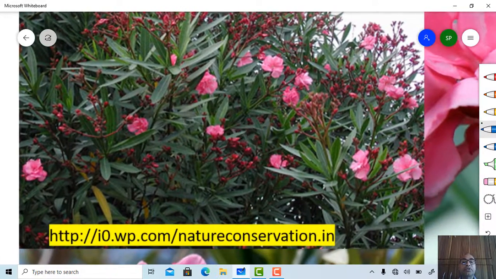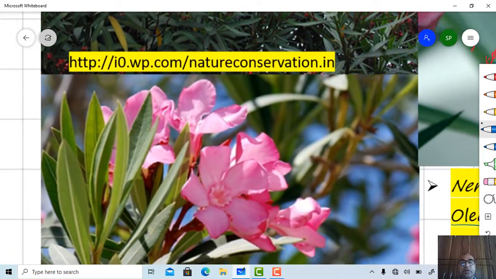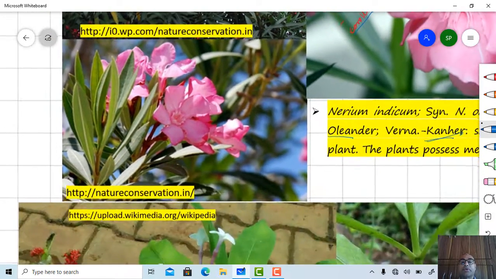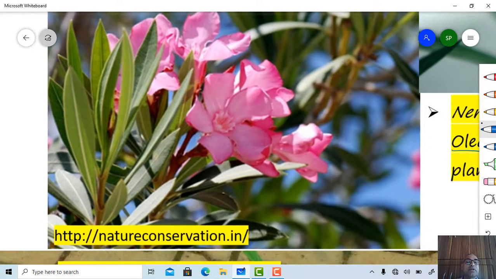Observe the nature of the stem, then the leaves, the type of inflorescence. Here you will observe more details about the margin of the leaf, its somewhat leathery nature and the shiny nature of the leaves also.